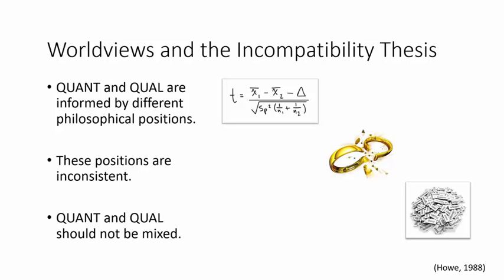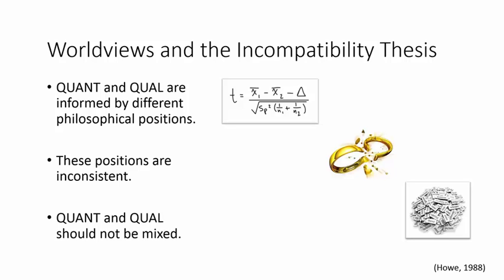Maybe that's a wrong premise. Maybe you could argue that even though they are informed by different philosophical positions, these positions are simply not inconsistent. So there might be various ways to handle this situation.